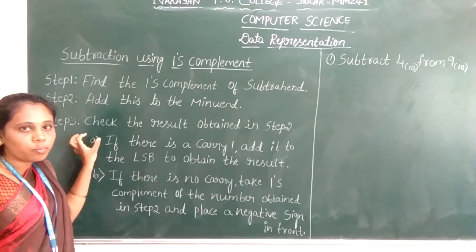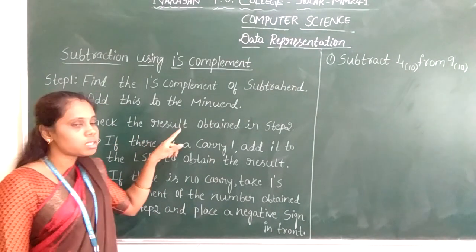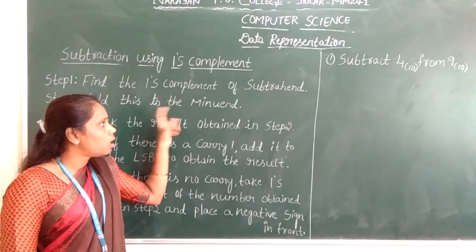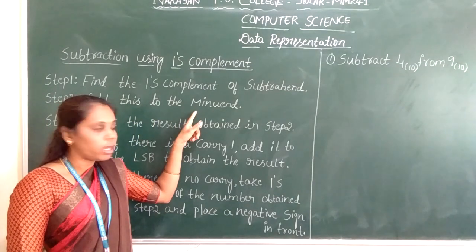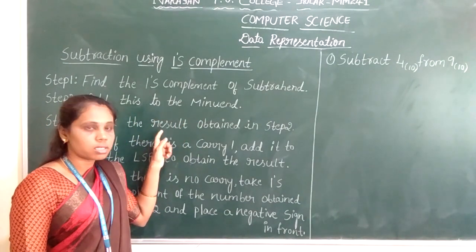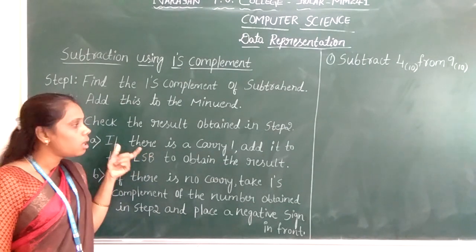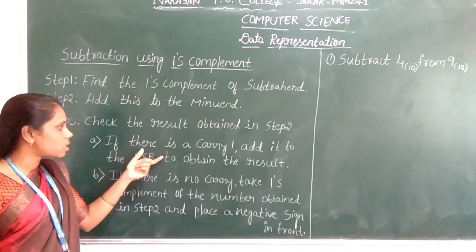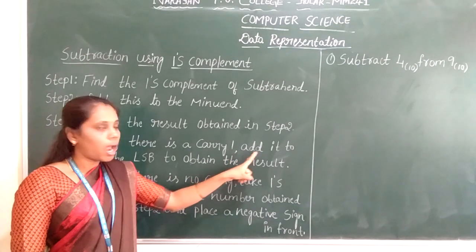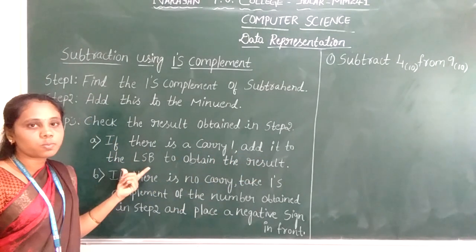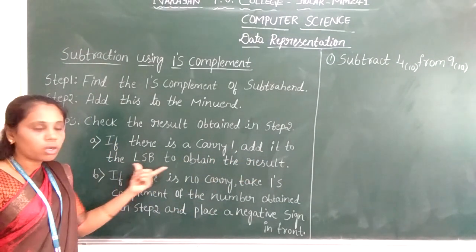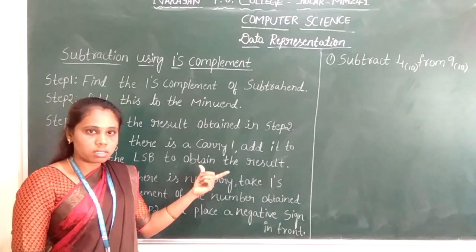In step 3, check the result obtained in step 2. After adding this 1's complement to the minuend, check for the result. Sometimes a carry will be generated after adding this. If there is a carry 1, add it to the LSB, the least significant bit, to obtain the final result.